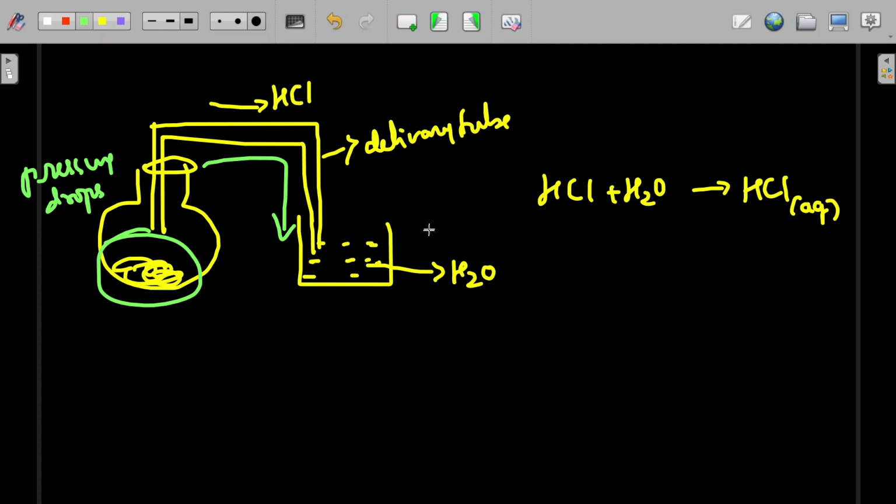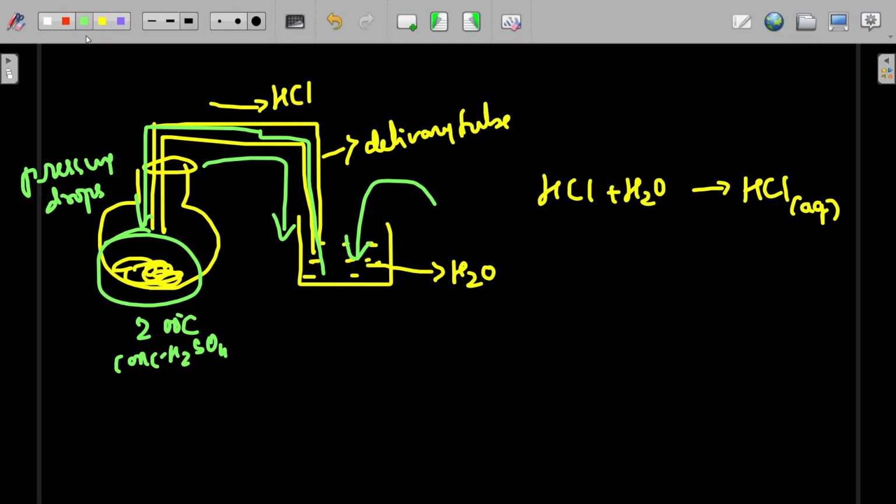Okay, so then what happens, outside pressure is more, so it will force the water to enter into this RB flask. And we know in the RB flask, we are keeping the temperature at 200 degrees Celsius. We have concentrated sulfuric acid because you are preparing HCl. So then this RB flask will explode because of the temperature.